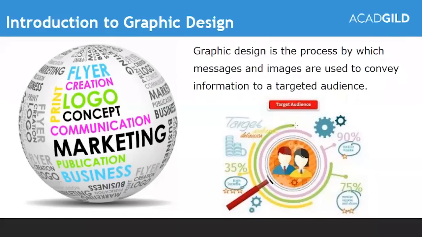But I use this pictogram to pass the message. Here you can see one magnification I have used and some lines we have used to pass our message in different terms. Can you see this line? Some percentages are there. This is called infographics. Infographics are nothing but using pictograms to convey or pass the message to the audience.